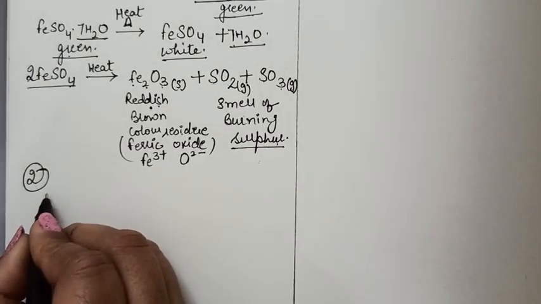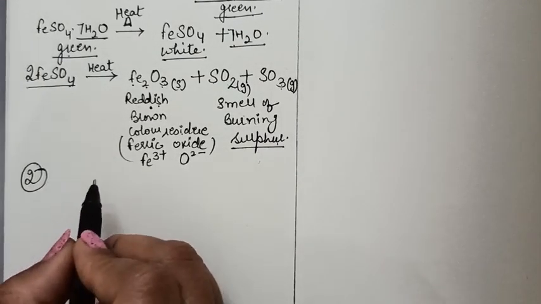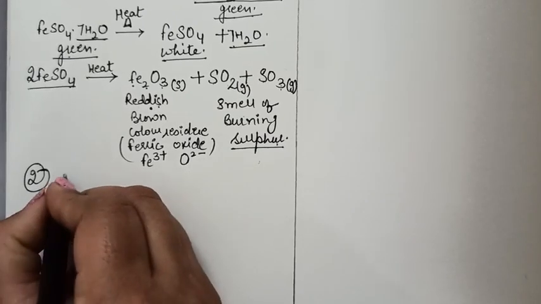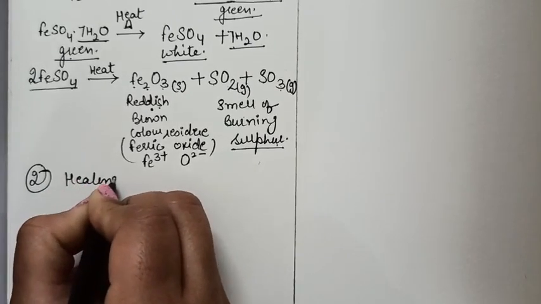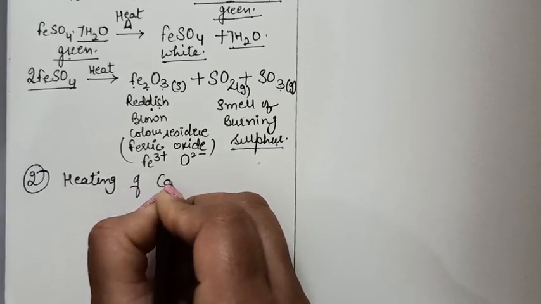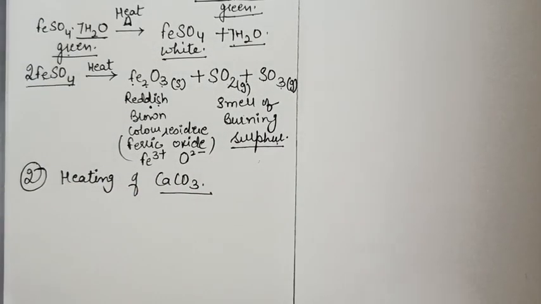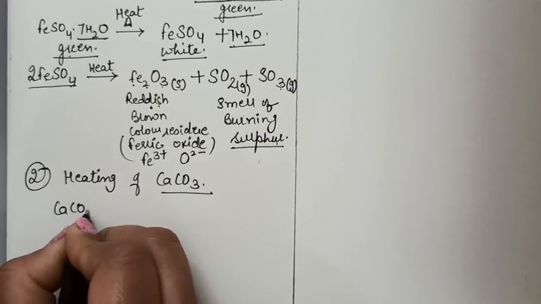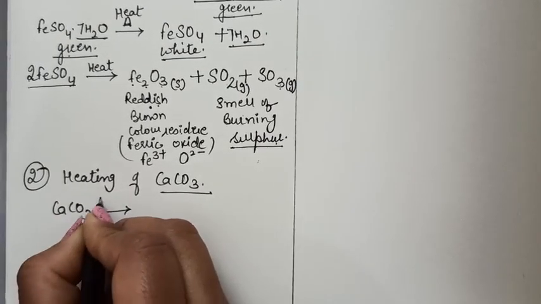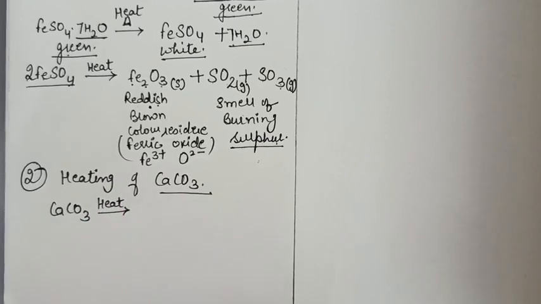Now the second example of thermal decomposition reaction is the heating of calcium carbonate, CaCO3. When we heat it, we will write heat here.